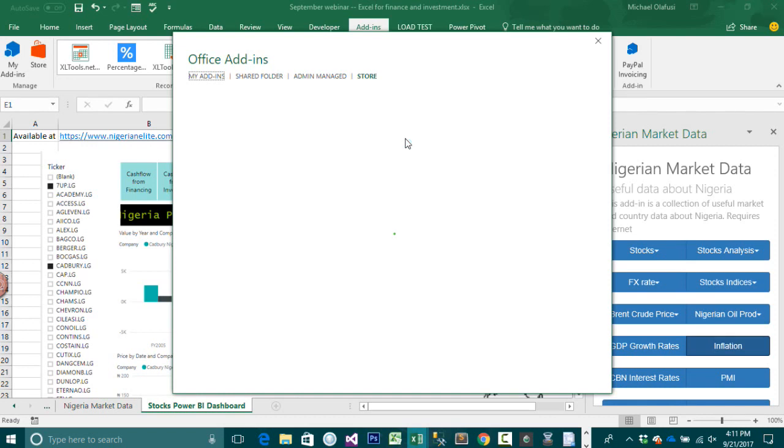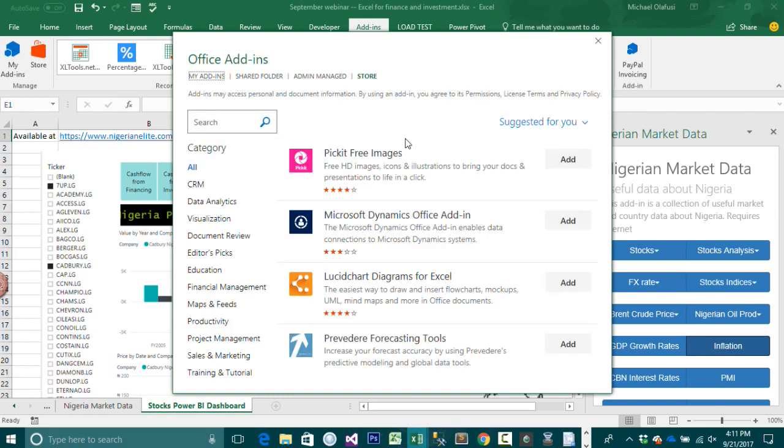Because it's only available in Excel 2016. Two people are saying they searched and got the same thing.